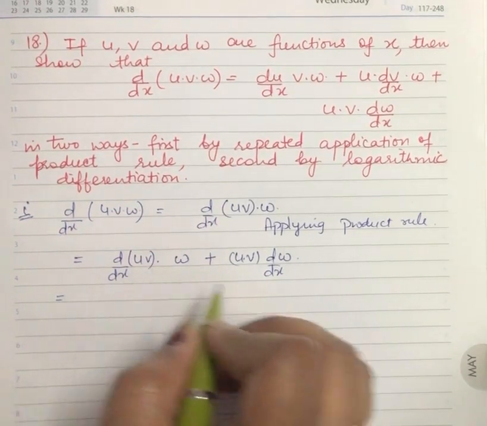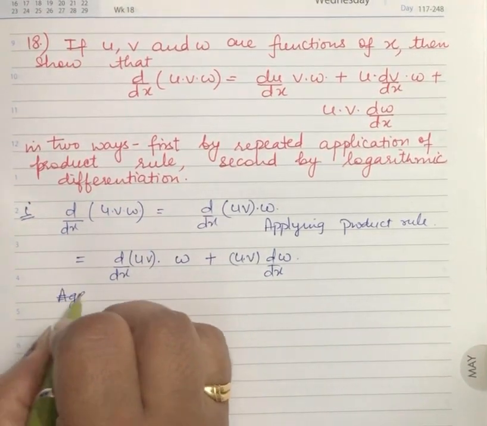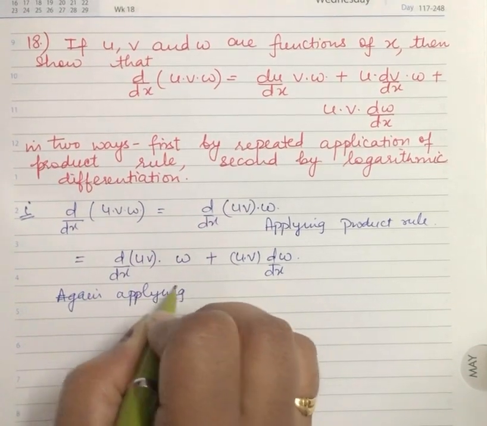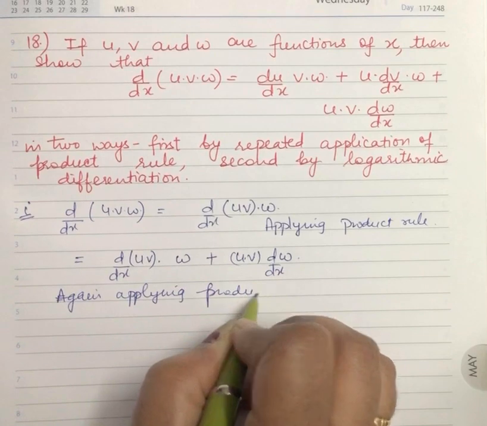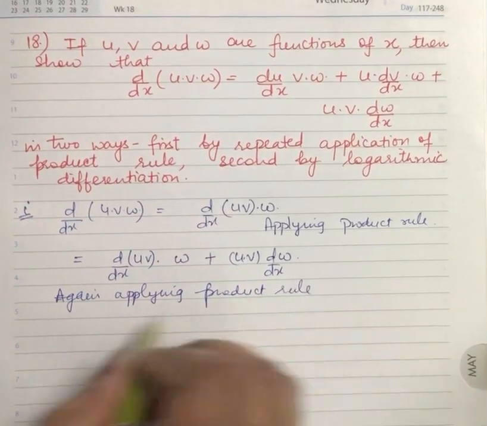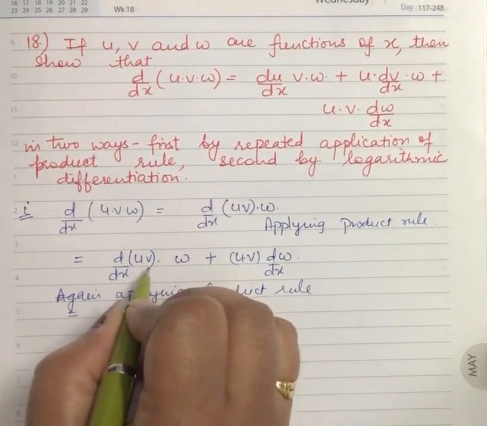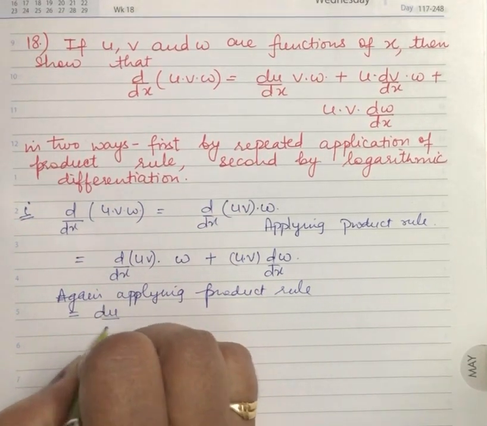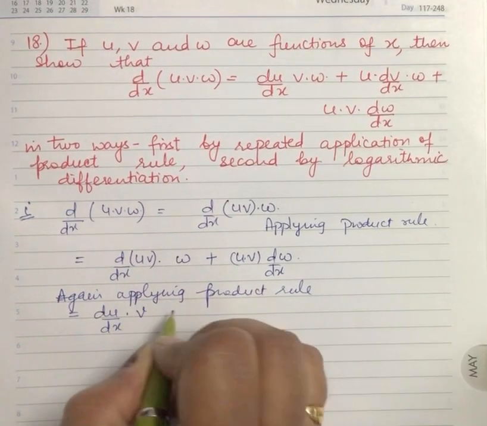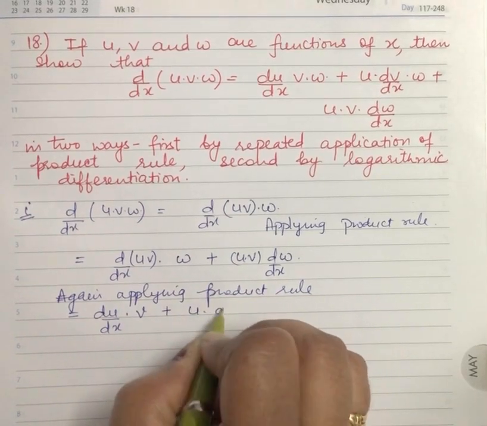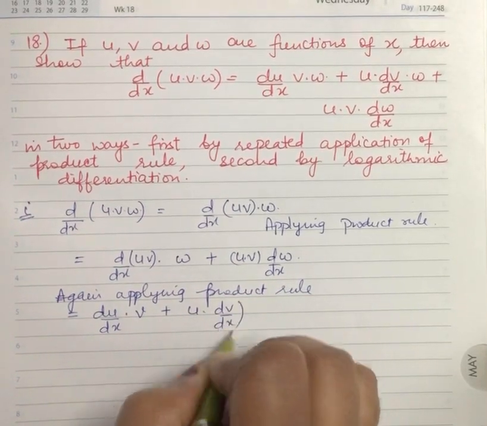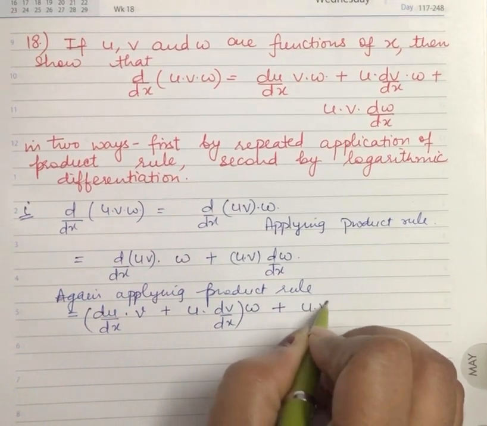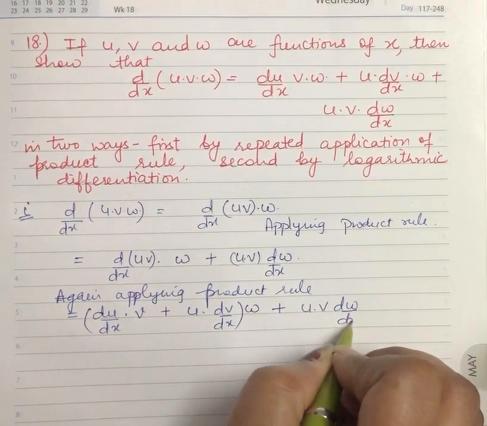Now again applying product rule, we get, now on uv we are applying again product rule. So it becomes du by dx into v plus u into dv by dx, bracket, w is outside, plus uv dw by dx.